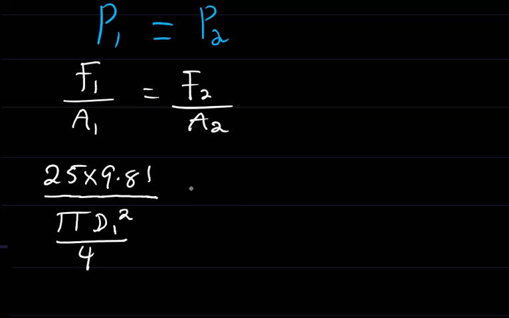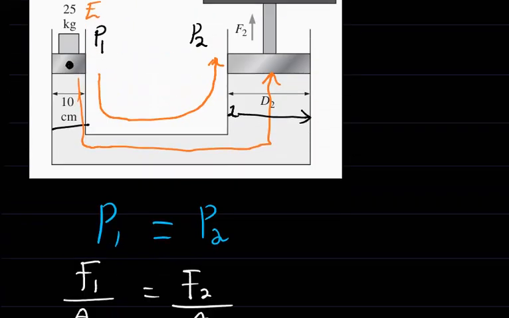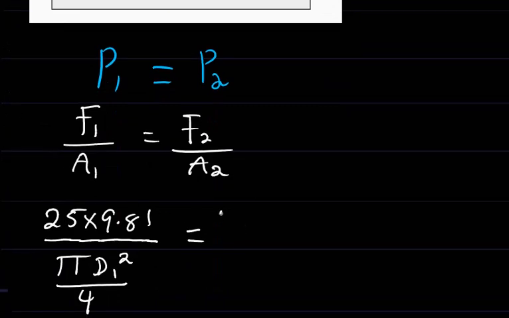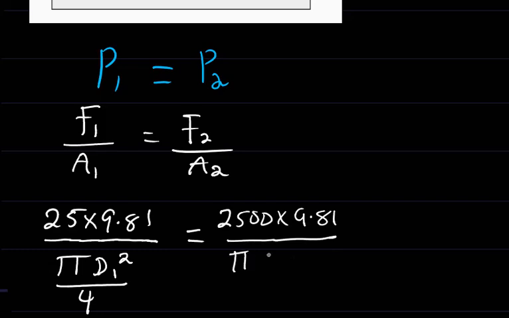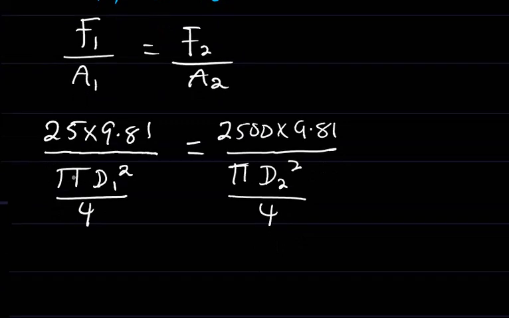So in this case too, we know already that the weight is 2500, then multiply by 9.81, then divided by pi d2 square all over 4. Of course pi over 4 is found at the numerator of both sides of the equation, so it will cancel out.